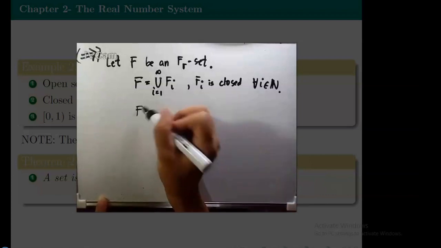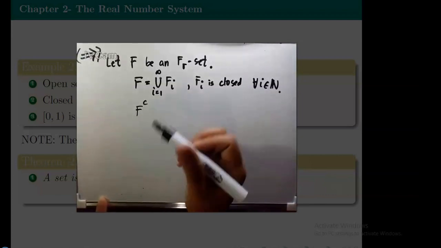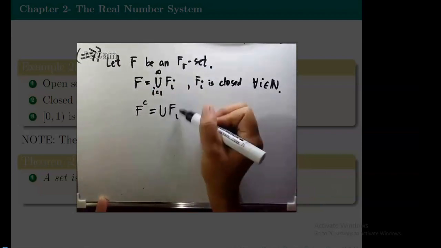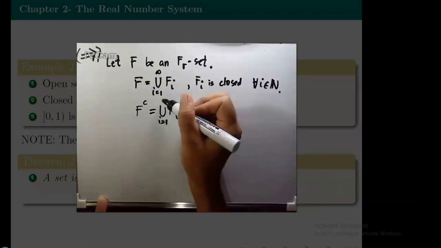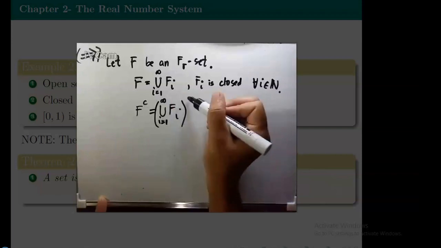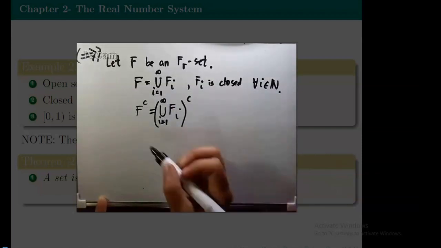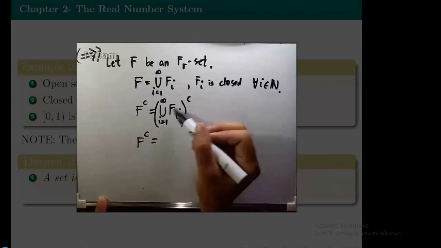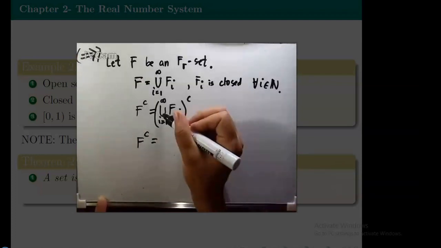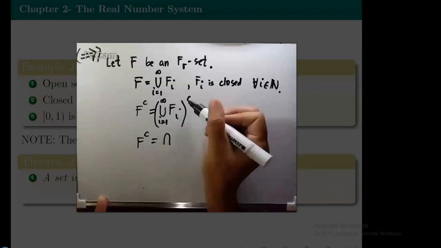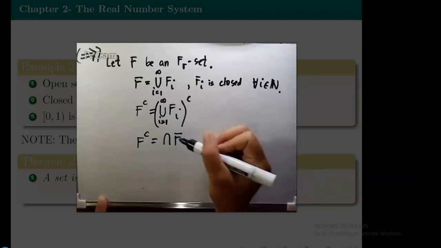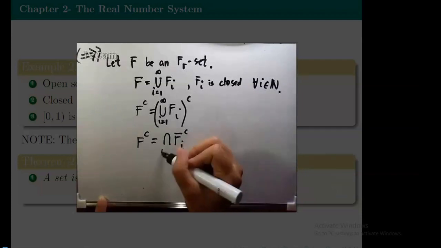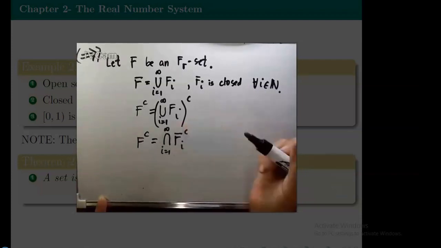So let's get the complement of F. F complement therefore is equal to, by De Morgan's law, union becomes intersection, and then we have the complement of F sub I, where I is from 1 to infinity.